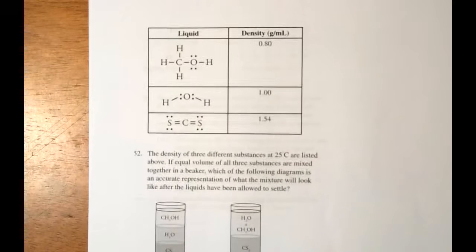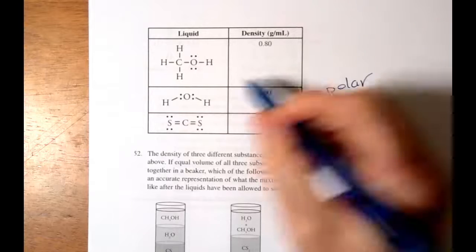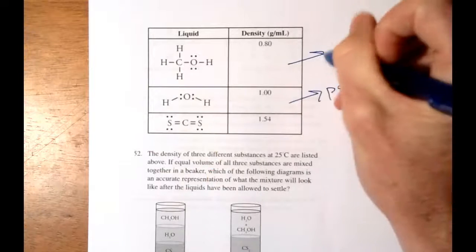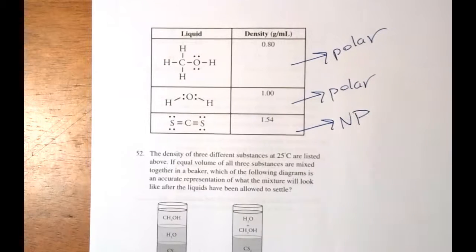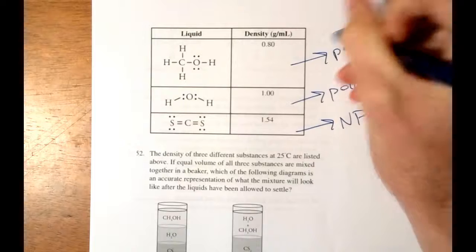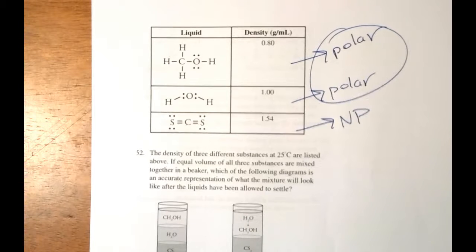So when we look back up here, water is polar. This right here, which is methanol, is polar. CS2 is nonpolar. Well, like dissolves like. The two polar would mix together. The nonpolar would not.